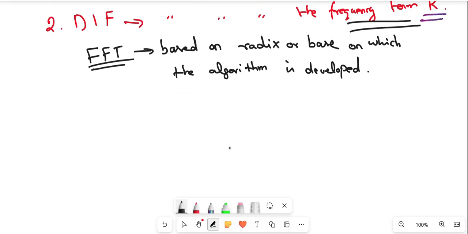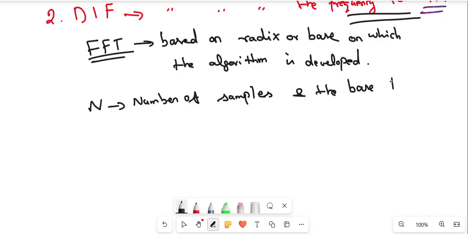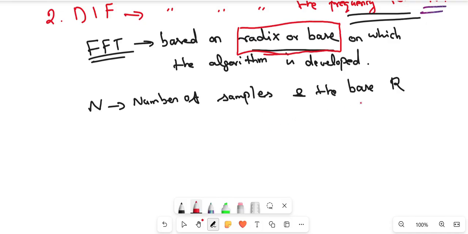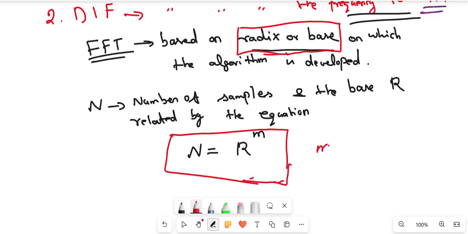In such algorithms, the number of samples N and the base r are related by the equation N is equal to r power m, where m is equal to 1, 2, 3.